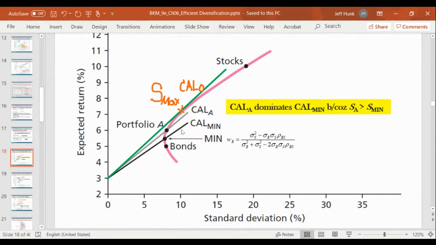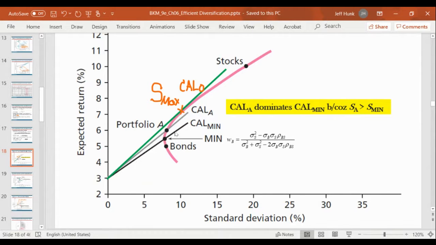But this is not the most efficient one, because we can do better. For this variance, we can do better in terms of return. All these returns are not the most efficient returns, because at every point we have better investment opportunity sets.